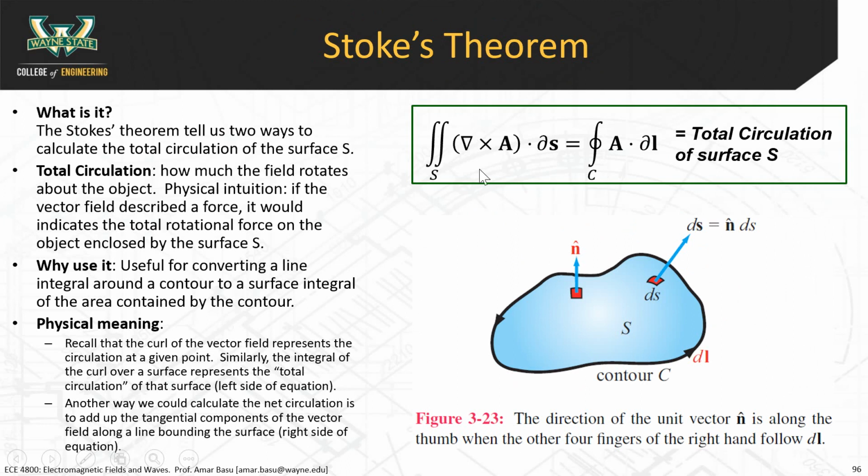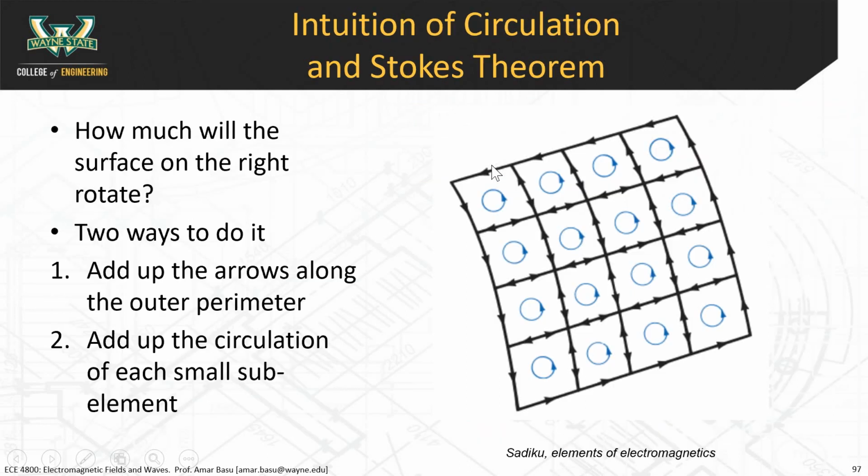For the left-hand side of the equation, we are going to break up that surface into a bunch of tinier surfaces. Each one of these little surfaces is a differential surface, and we're taking the curl of that particular differential surface.